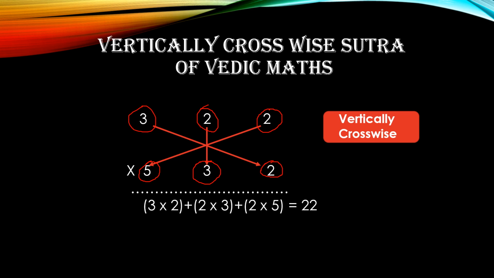We get 3 multiplied by 2, 6, and 2 multiplied by 3 also 6, and 5 multiplied by 2 we get 10. 6 plus 6 plus 10. 6 plus 6 is 12. 12 plus 10 is 22. We get the number 22. So write down 22.